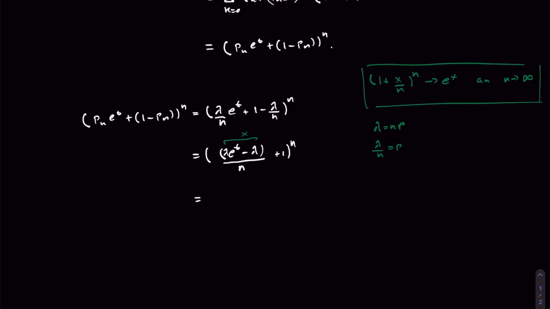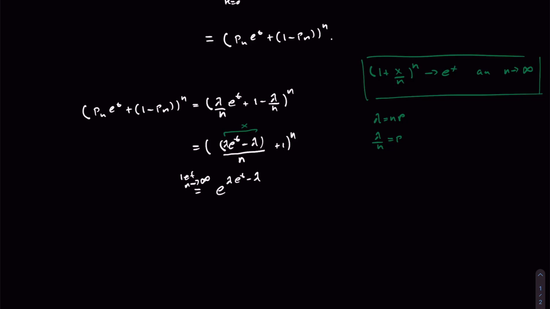Therefore, when we let n go to infinity, we get e to the lambda times e to the t minus 1, which we can write as e to the lambda times (e to the t minus 1).